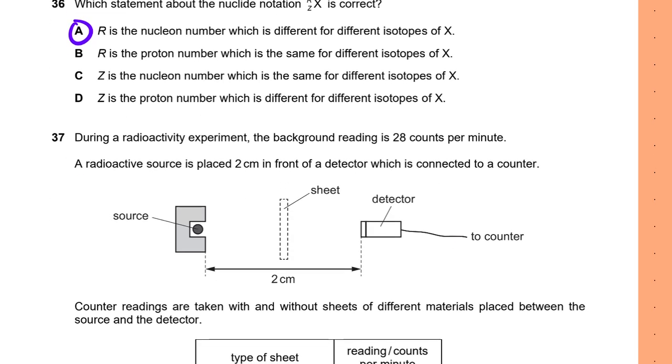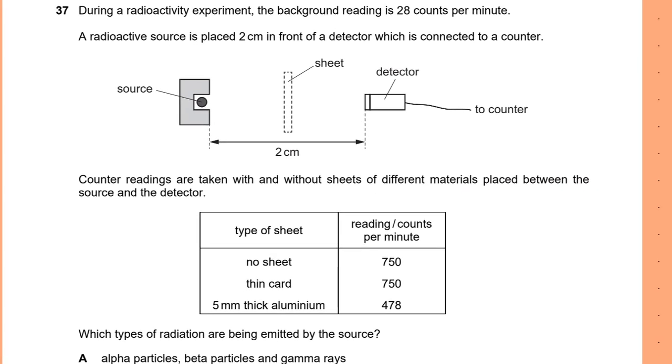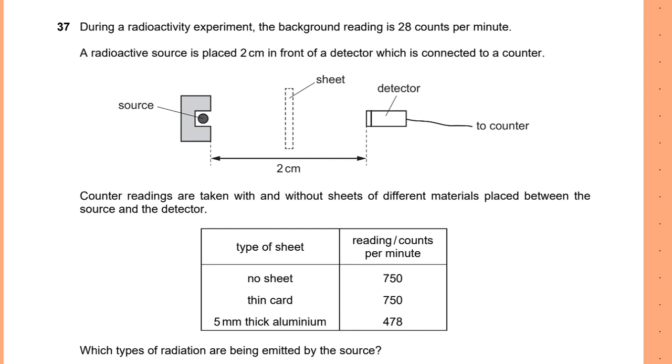During a radioactivity experiment, the background reading is 28 counts per minute. A radioactive source is placed 2 centimeters in front of a detector, which is connected to a counter. Counter readings are taken with and without sheets of different materials placed between the source and the detector. So no sheet, you have this. Thin card, you have this 750.